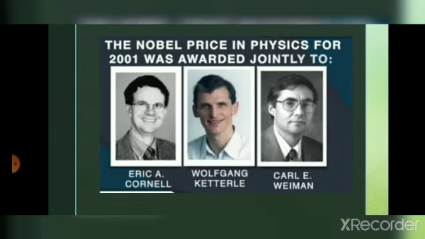In 1995, Eric A. Cornell, Wolfgang Ketterle and Carl Wieman produced the first condensate using a gas of rubidium atoms. They were awarded the Nobel Prize for Physics in 2001 for their work.